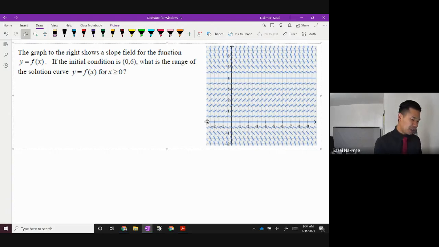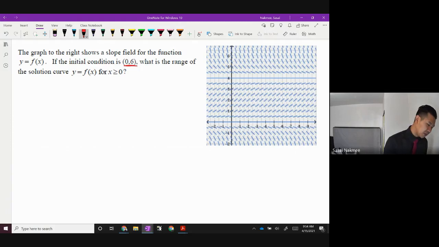Before we even talk about the range, can you visualize what the graph should look like? What does the graph look like in your eyes when it goes through this initial condition of 0, 6? It needs to pass through this point. I'll give you a second. You don't have to type anything out. I just want you to visualize.